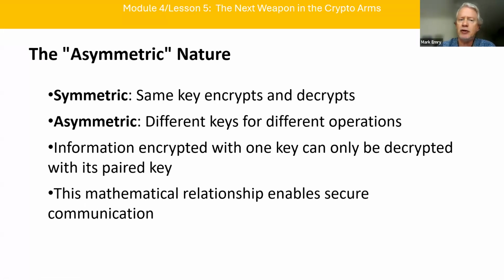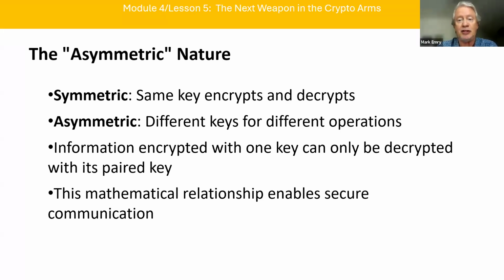The two keys are mathematically linked, so that information encrypted with one public key can only be decrypted with the mathematically linked private key. Unlike symmetric encryption, where a single key is used, asymmetric encryption relies on the mathematical properties of prime numbers to generate secure public-private key pairs.